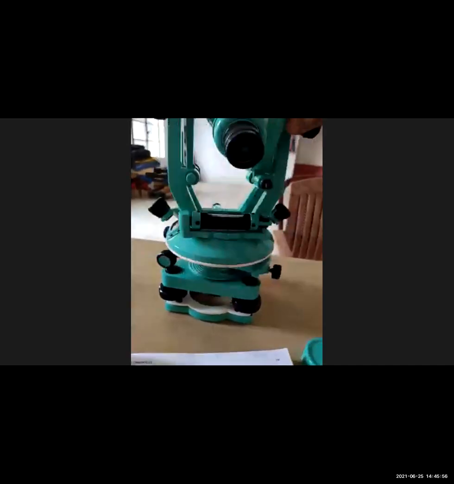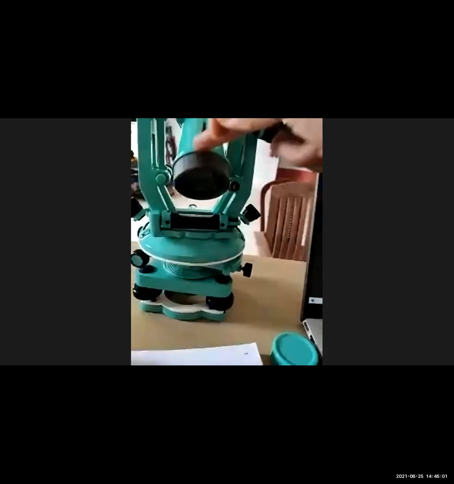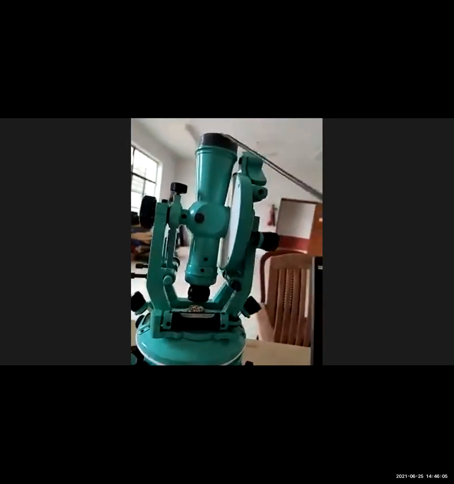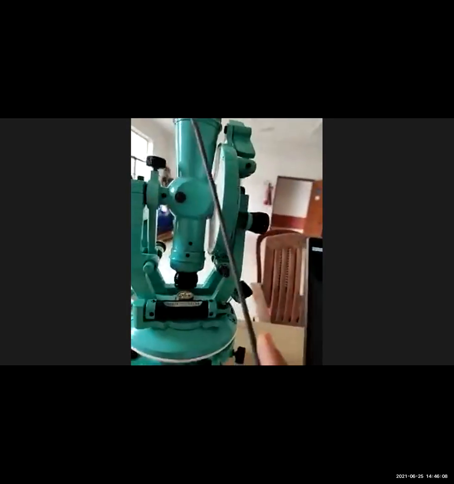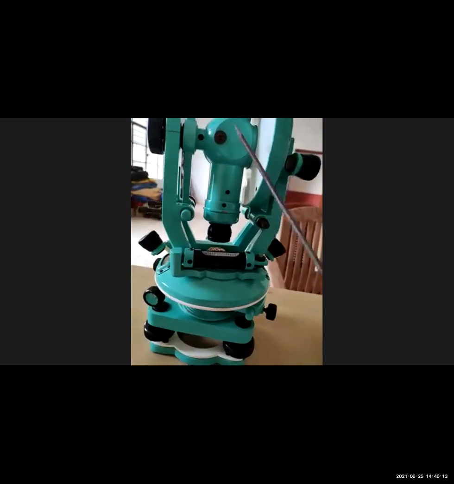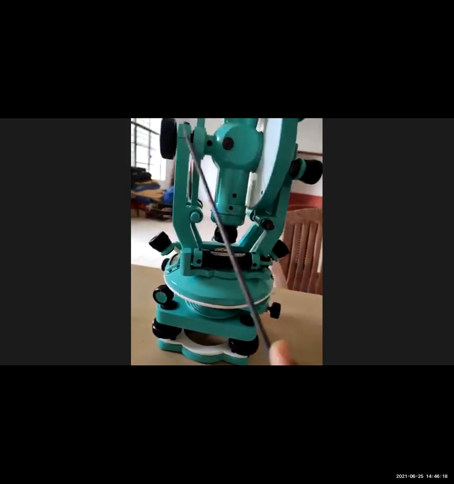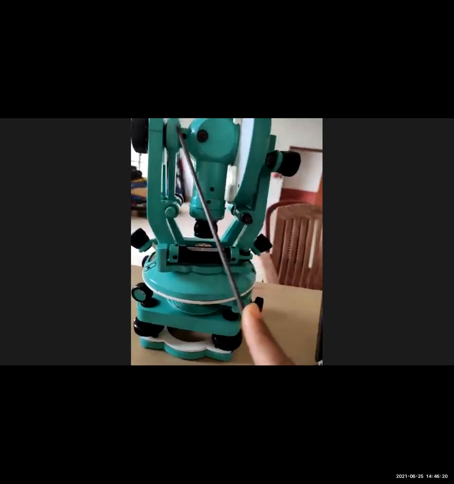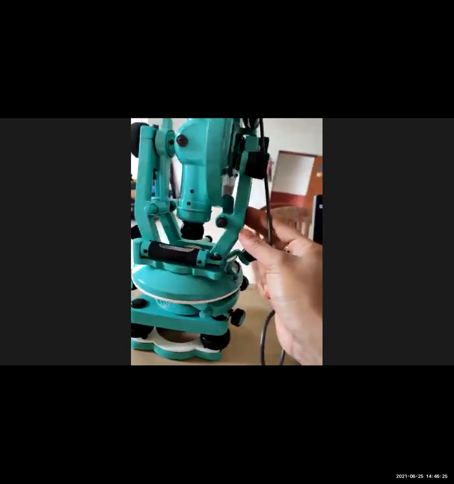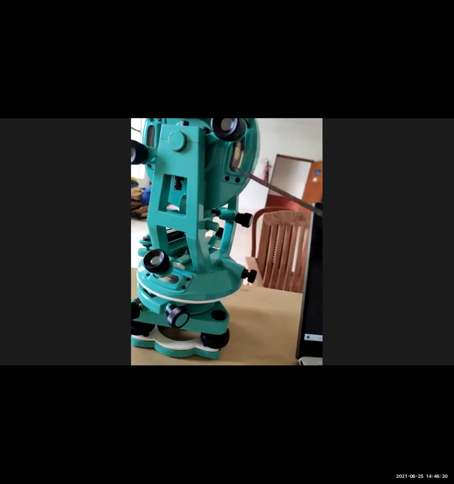This is known as the telescope. This is the telescope in the vertical direction. This axis is known as the trunnion axis. This frame is known as the vernier frame.